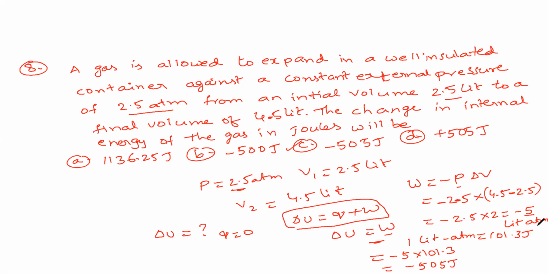But this is in liter atmosphere and the options are in joules. So 1 liter atmosphere is equal to 101.3 joules. If you multiply 5 into 101.3, you will get 506.5, approximately minus 505 joules. So the answer is the third option. I hope it is clear.